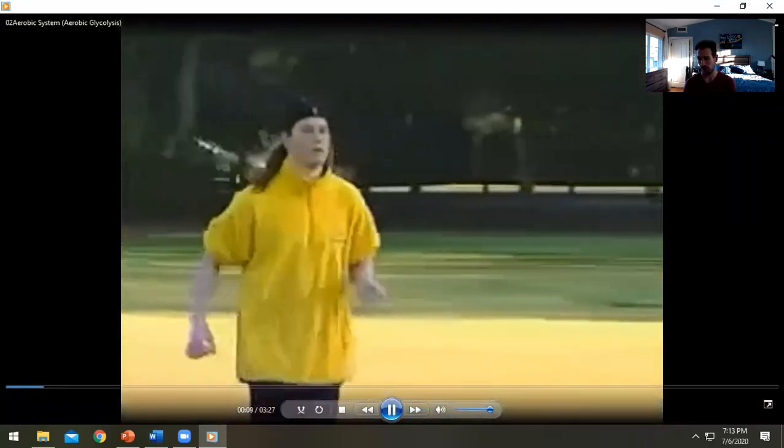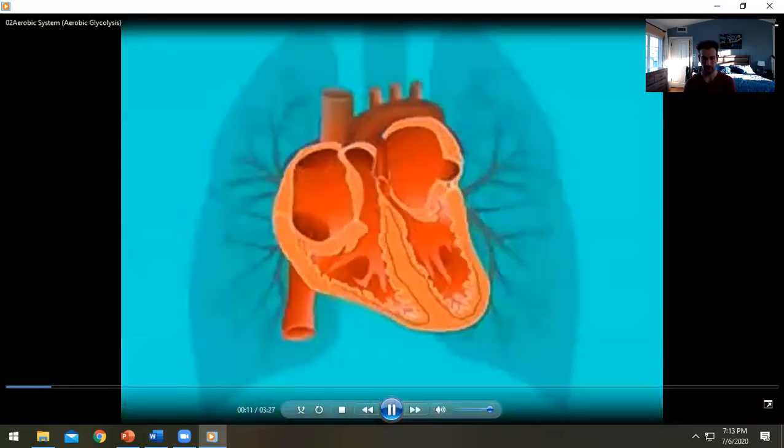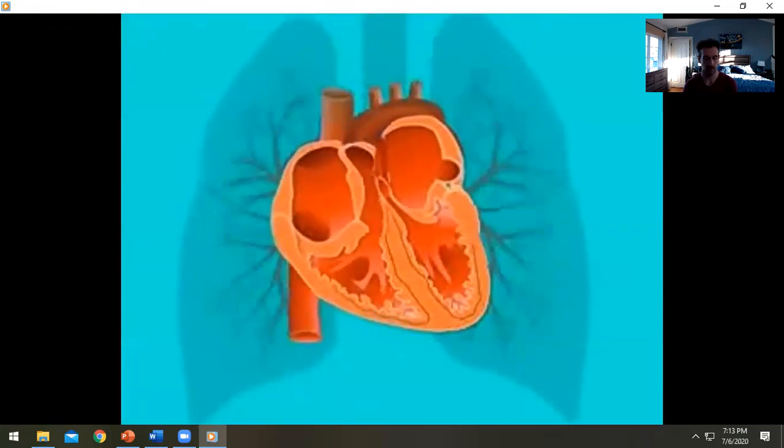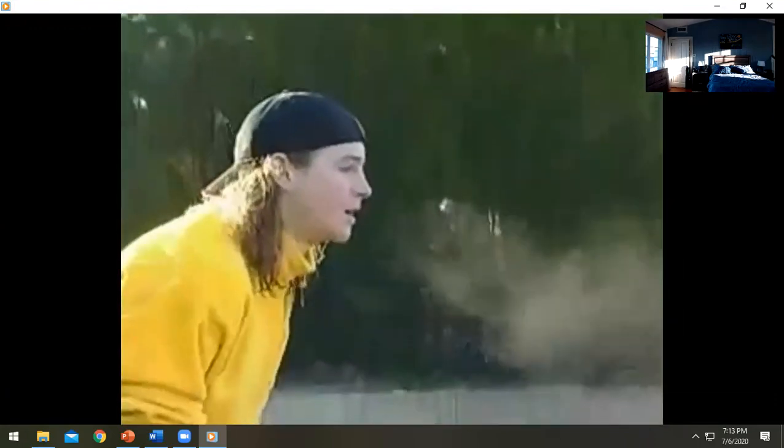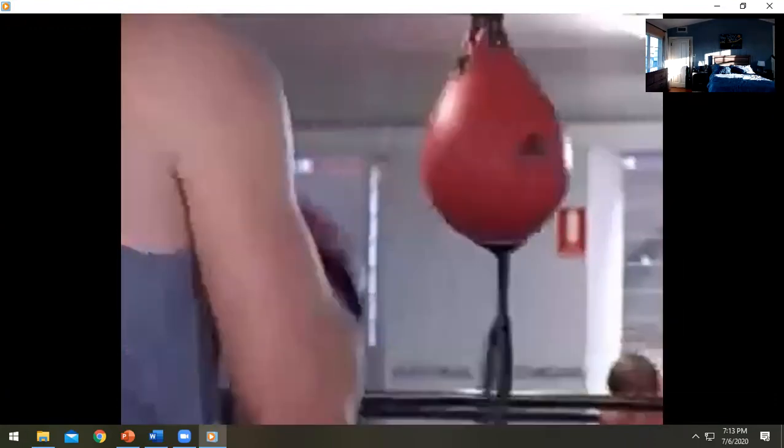The aerobic energy system works by supplying oxygen to the muscles. This is the most complex of the three energy systems and requires the heart, lungs, and whole circulatory system to work. After about 30 seconds of intense physical activity, the aerobic energy system becomes the main source of energy.